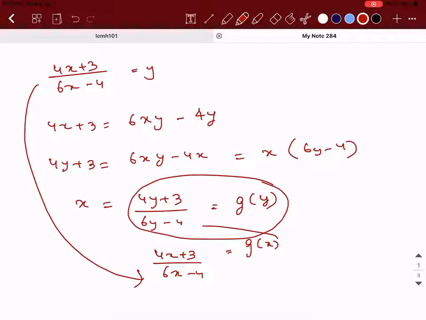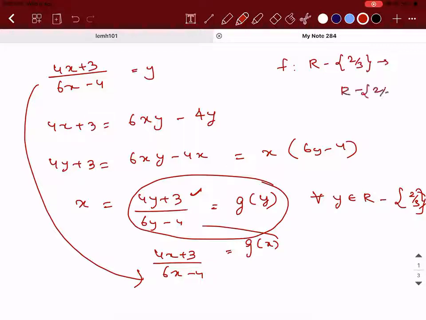When that is the case, for all values of y that belong to real numbers, except 4 by 6, that is 2 by 3, there is always a pre-image associated with this function. So f is a function mapped from R minus 2 by 3 to R minus 2 by 3.